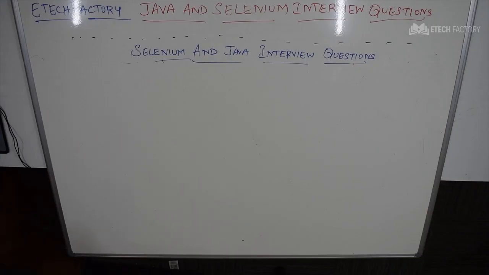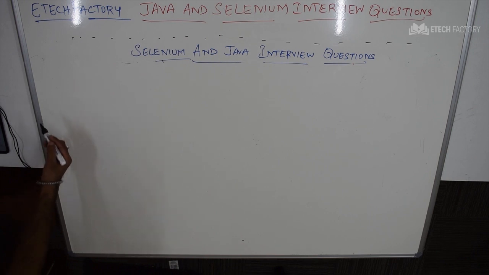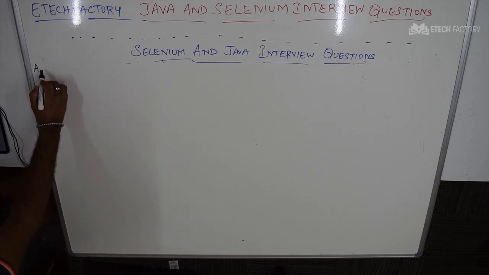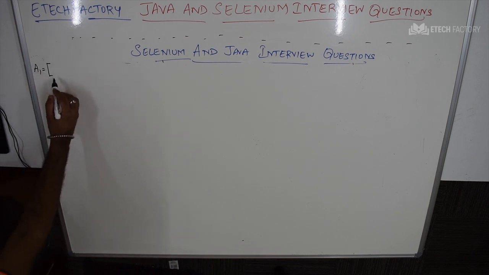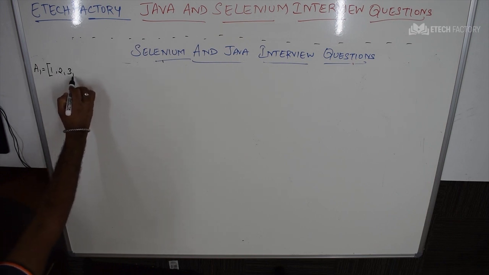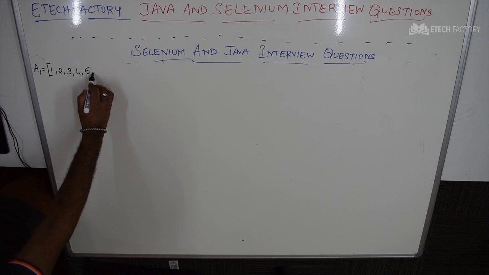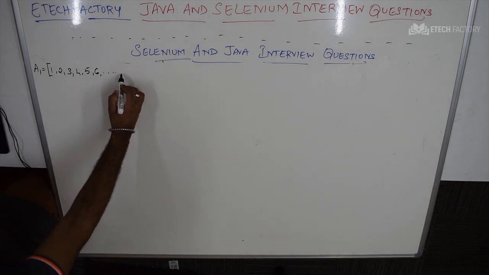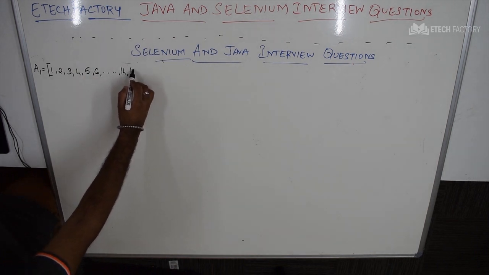Now as we have seen the problem statement, our task is identifying the even and odd numbers in the sequence of this array of numbers. So let us take an array a1 equals, and the numbers are going to be from 1 to 15: 1, 2, 3, 4, 5, 6, up to 14, 15.